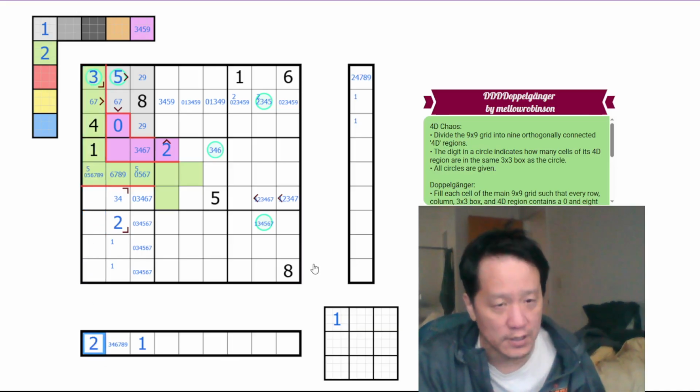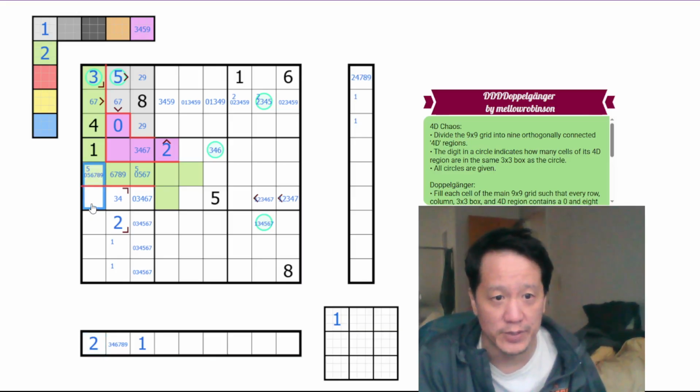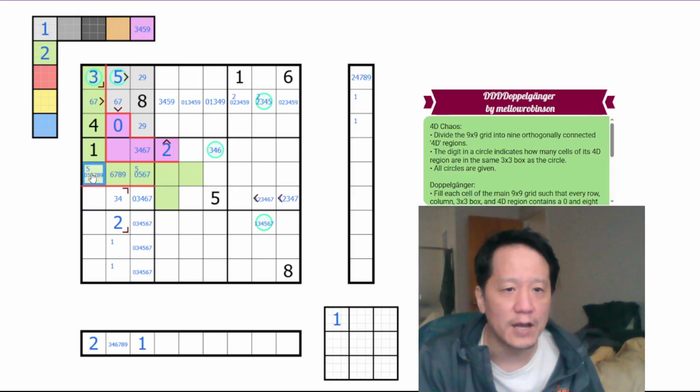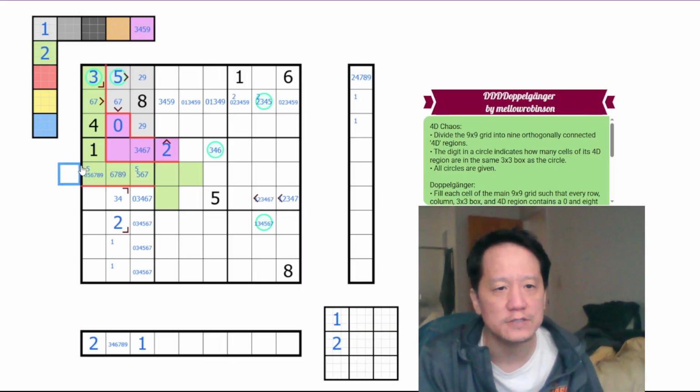If 2 is missing in column 1, that's a very easy assumption to make because, right, that just makes that not 2. That means we must be missing a 2 specifically in box 4. Which means the green 0 cannot be in box 4. It must be in box 5.